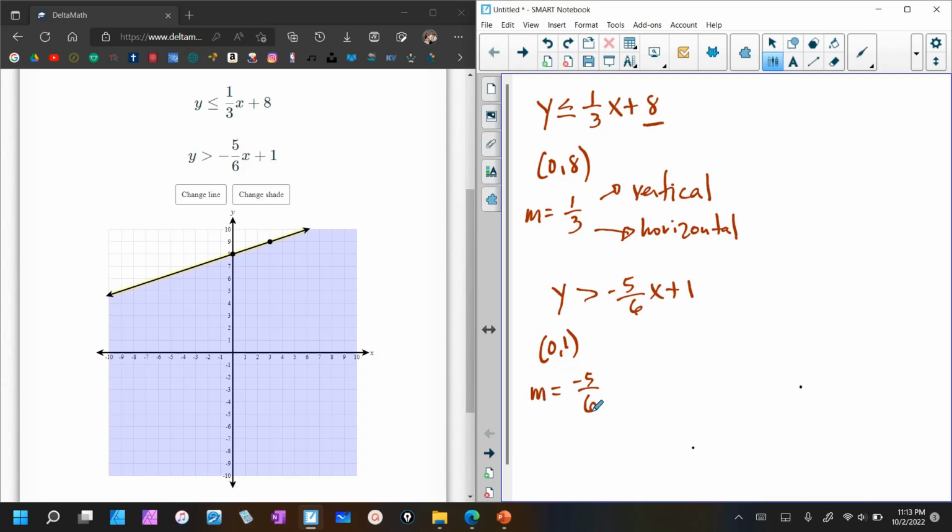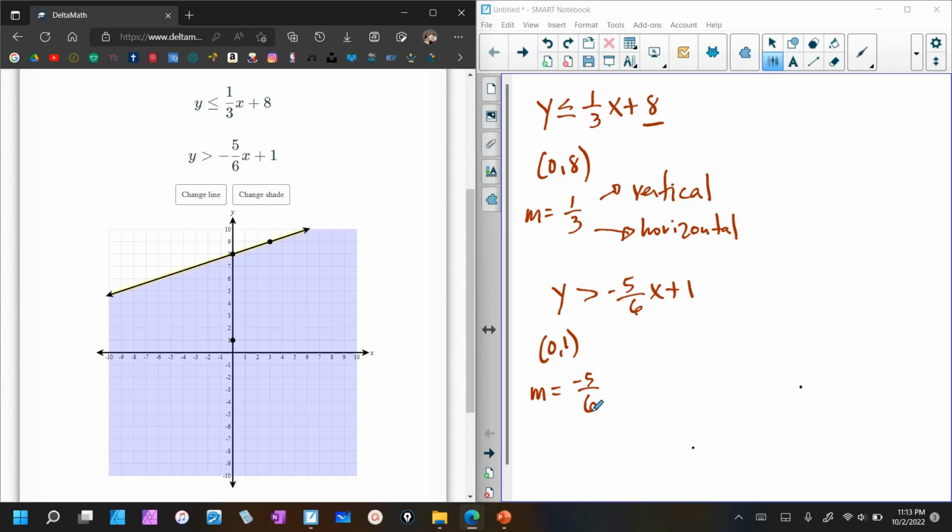Again, let me remind you, this is a fraction, but in case you encounter a slope that is a whole number, let's say 5, consider the denominator, which is 1. Okay? So negative 5 over 6 is our slope, and we will start with 0, 1. 0, 1 is right here.